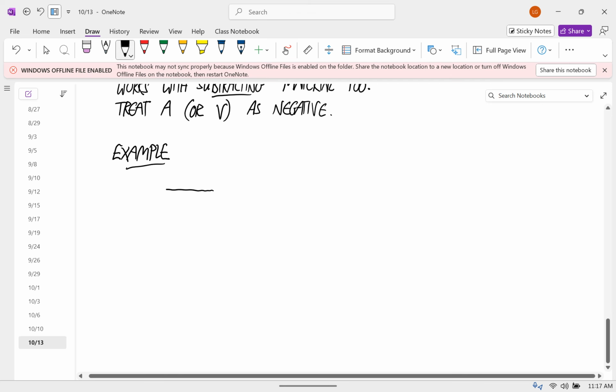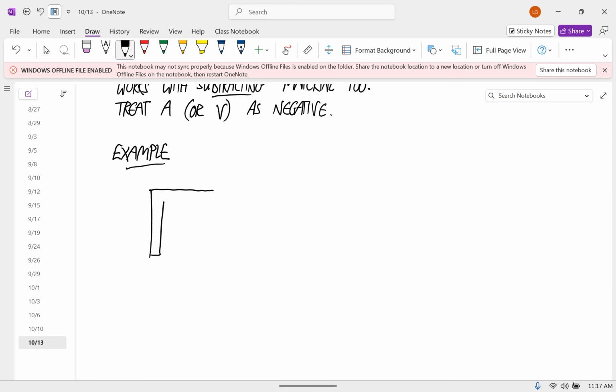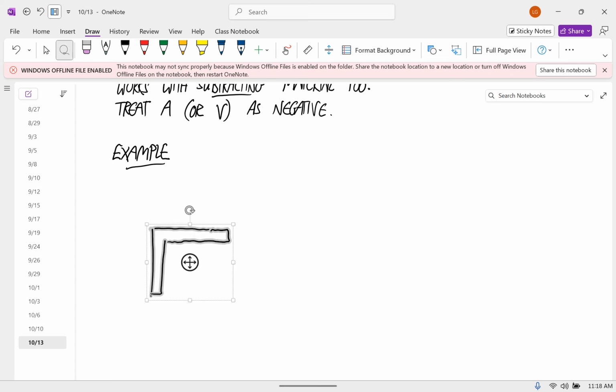Let's say we have a shape like this. And let's say this is 1 meter. And this is 1 meter. And the thickness all the way around is 0.1 meters.